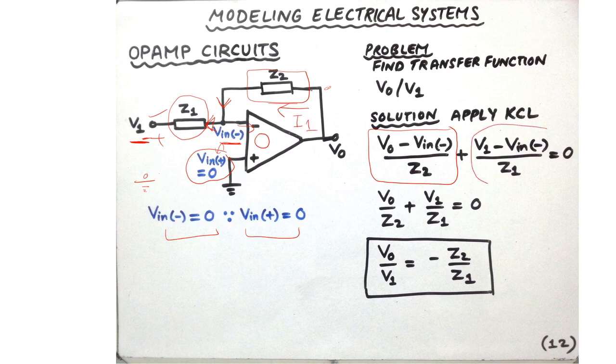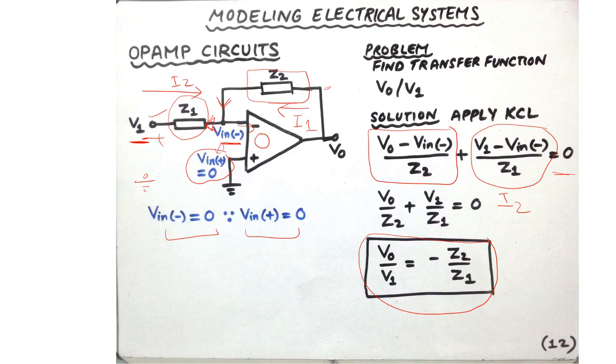And the other component is the current leaving, in the opposite direction. So I2 is this current. The sum of the currents entering the node should be equal to zero, which essentially gives us this relationship: V0 over V1 is equal to minus Z2 over Z1. This is a typical configuration of an inverting op-amp circuit.